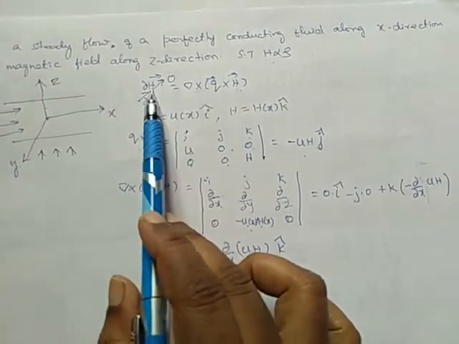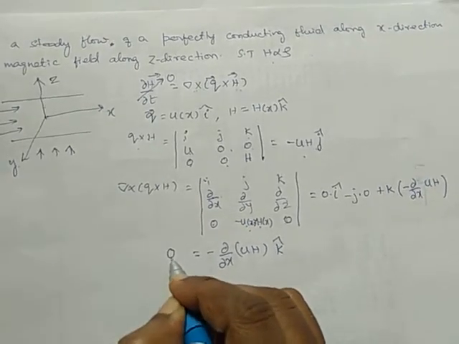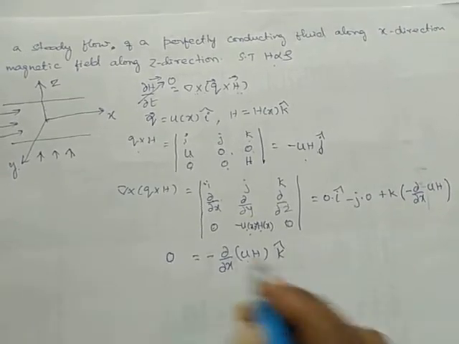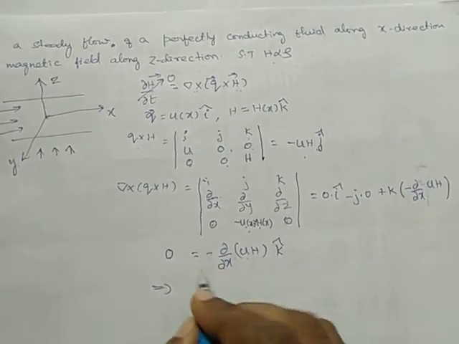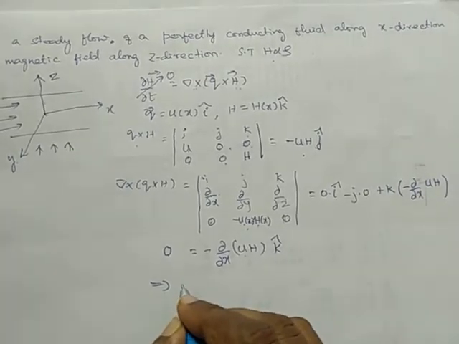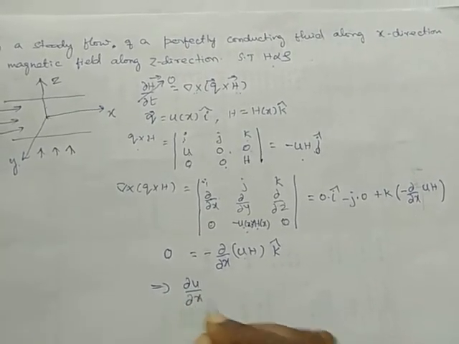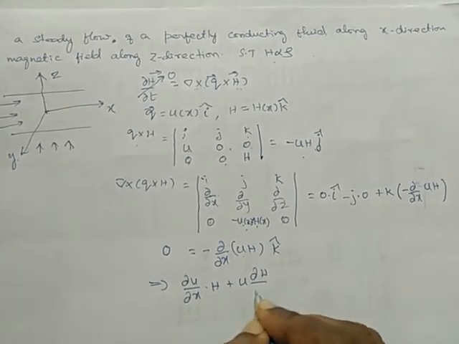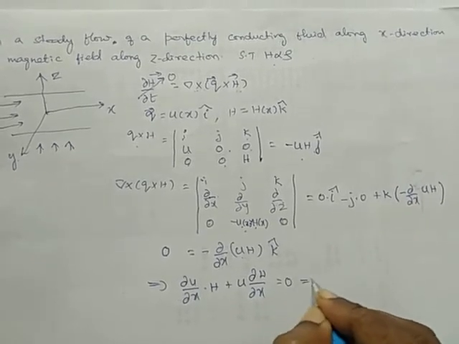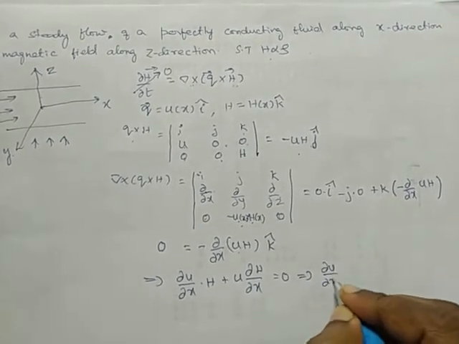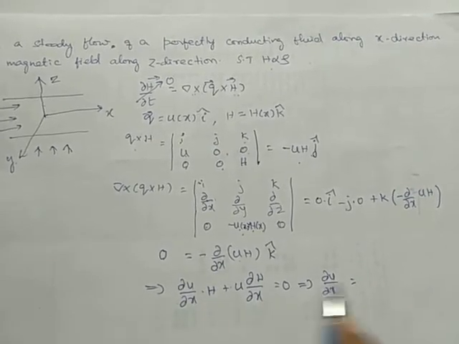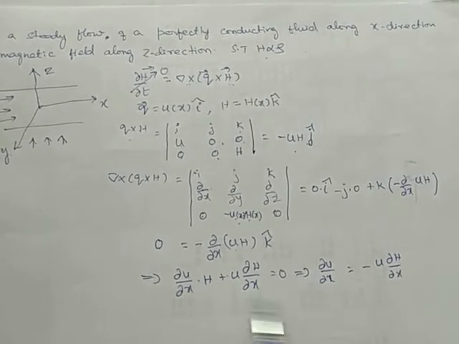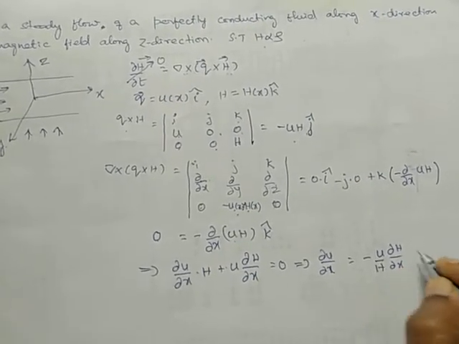Del cross (Q cross H) is 0. Therefore, 0 is equal to minus dou by dou x of uH. If we differentiate this, dou u by dou x into H plus u into dou H by dou x is 0. So dou u by dou x is minus u into dou H by dou x divided by H.